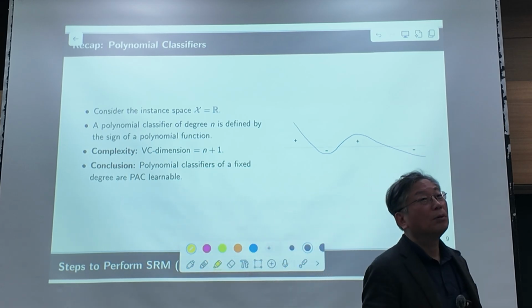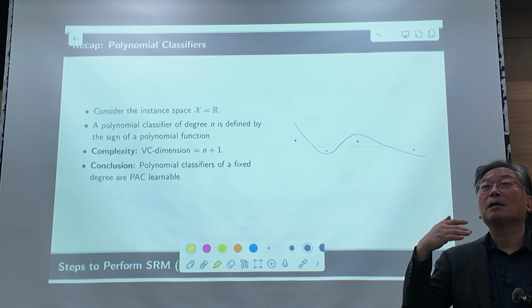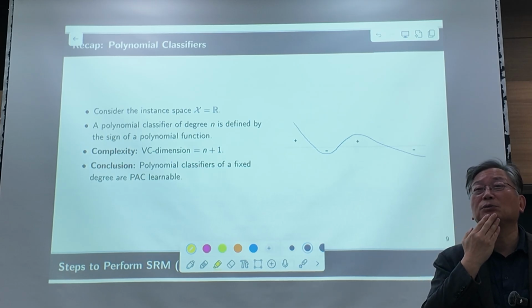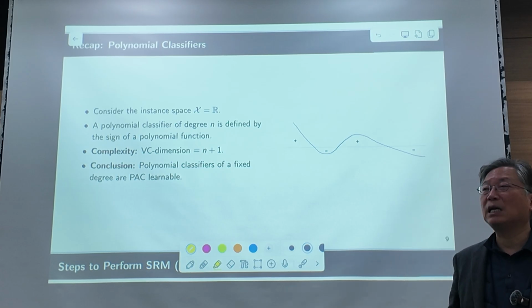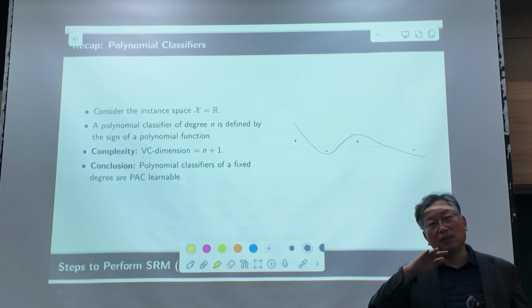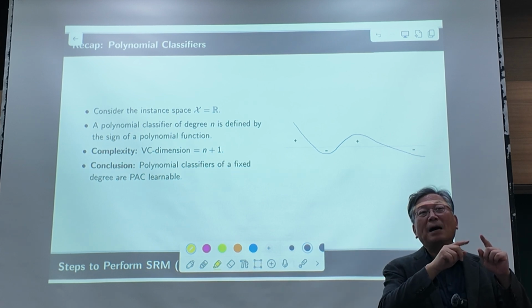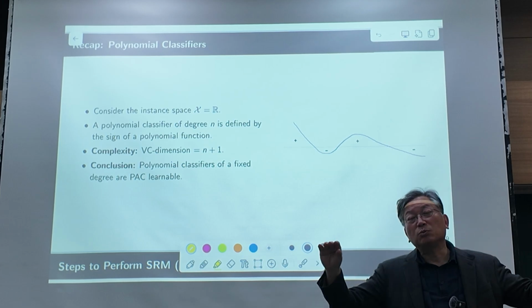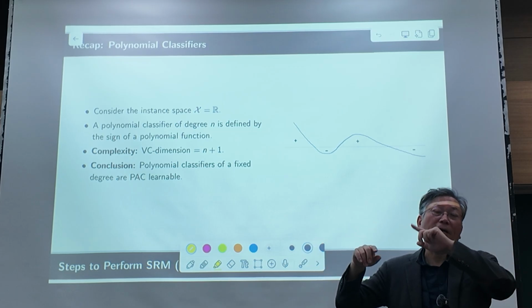N plus 2, can it label anything for n plus 2 data? And it turns out you cannot. One example is you have n plus 2 data, and let's say the labels are -1, 1, alternating. Okay?